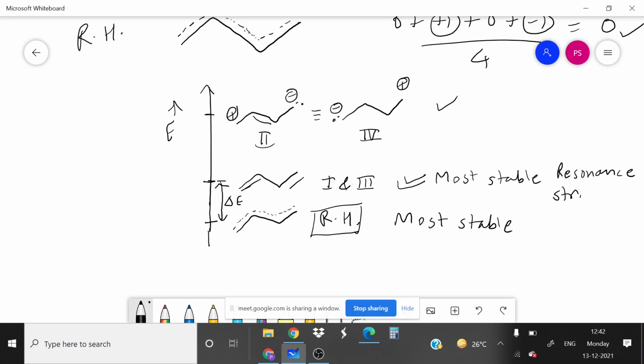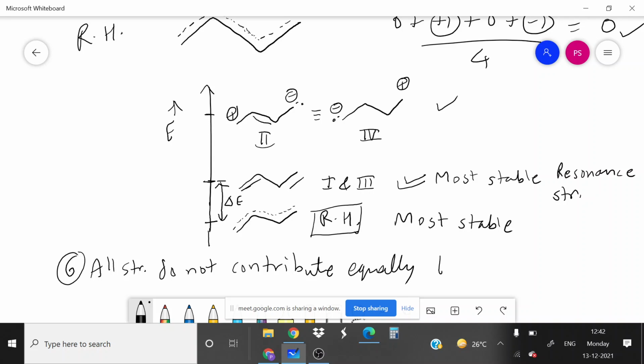Now, rule number 6. All structures do not contribute equally to the resonance hybrid structure. Okay.